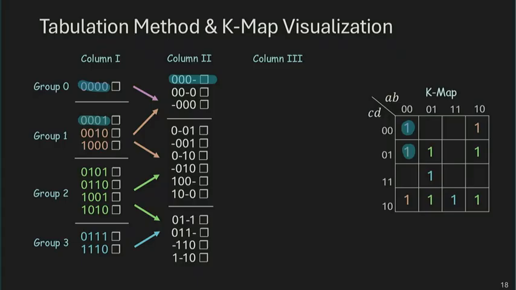In the K-map, if I combine them, I would get the prime implicant of A prime, or not a prime implicant, an implicant, A' B' C', which is essentially saying 000 on the ABC variables, and variable D disappears. So dash really means that variable disappears in a product representation.